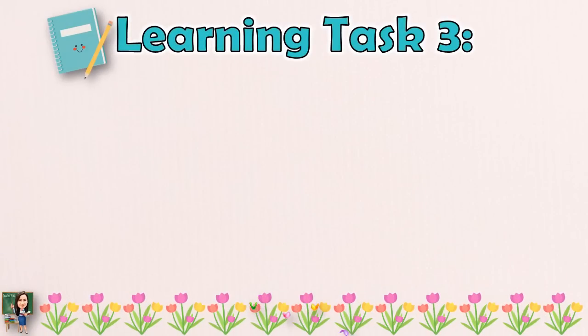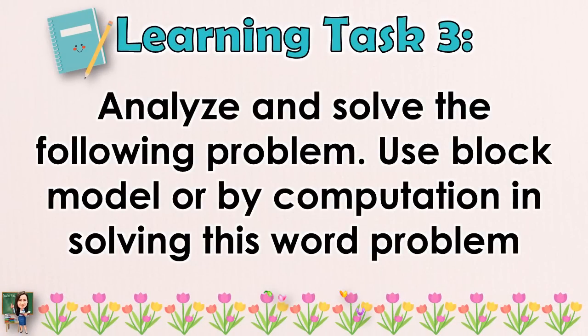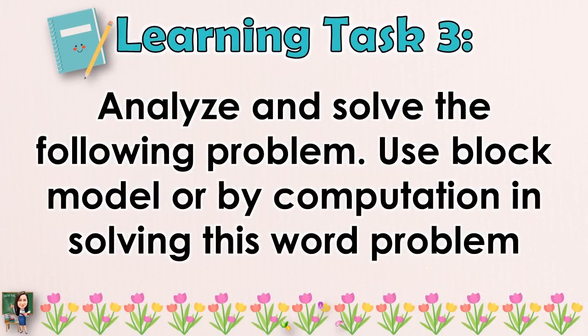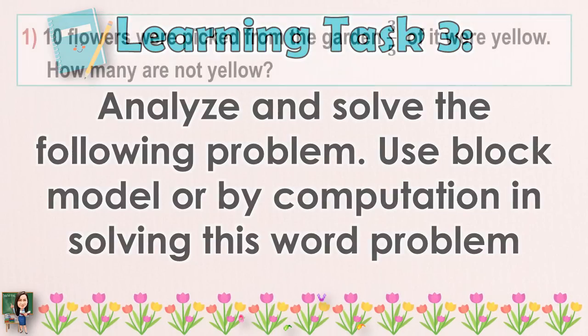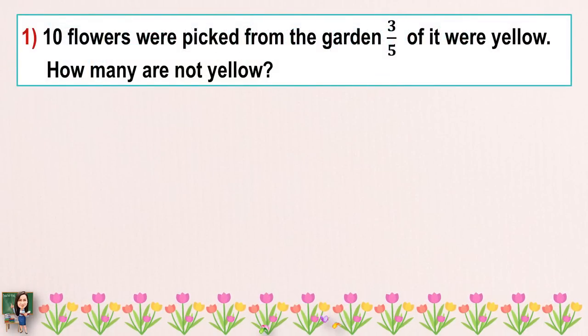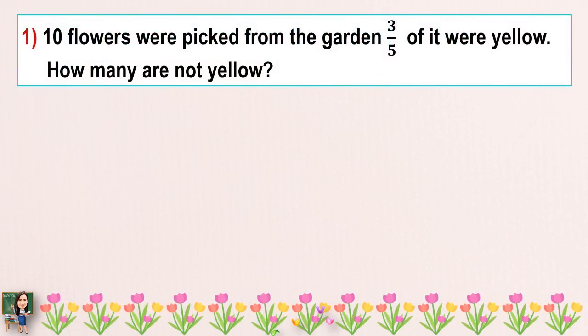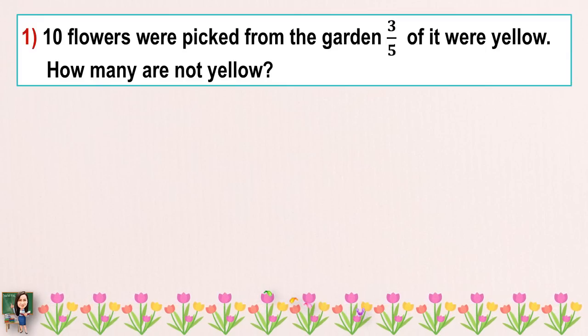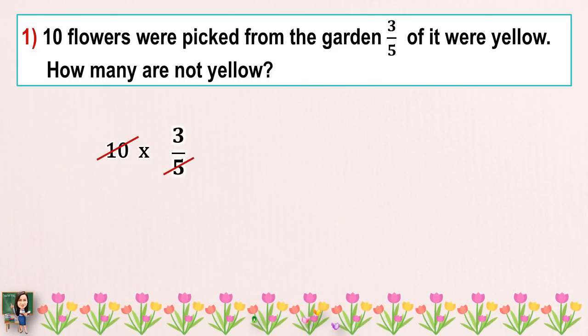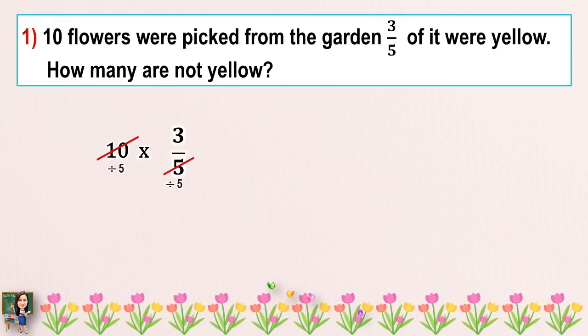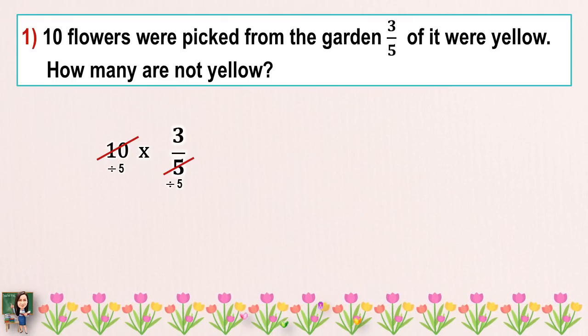Learning Task 3. Analyze and solve the following problem. Use the block model or computation in solving this word problem. Number 1. 10 flowers were picked from the garden. 3/5 of them were yellow. How many are not yellow? So multiply 10 flowers times 3/5 yellow. Use the cancellation method. Then find the GCF. The GCF is 5. 10 divided by 5 equals 2.